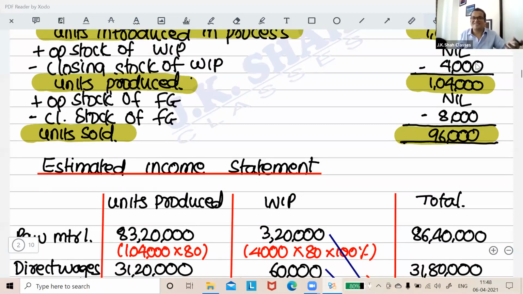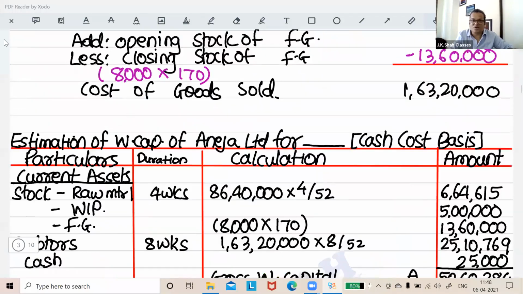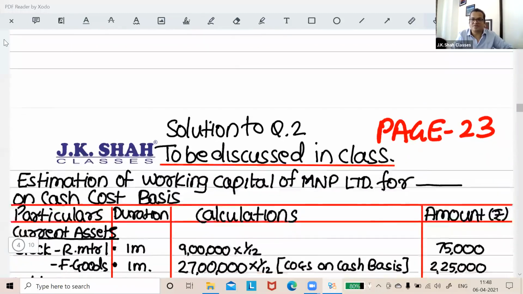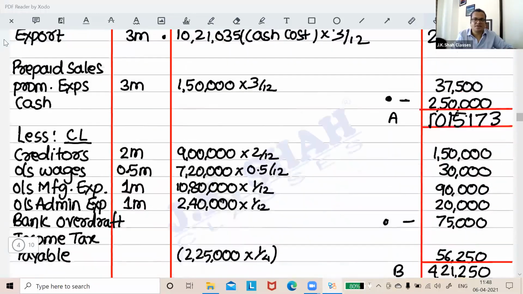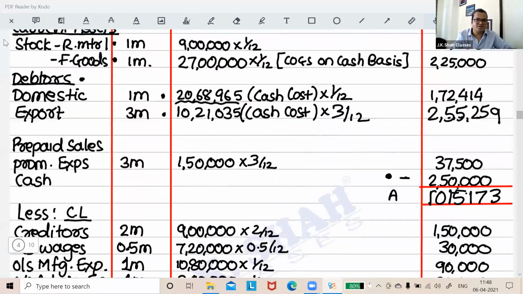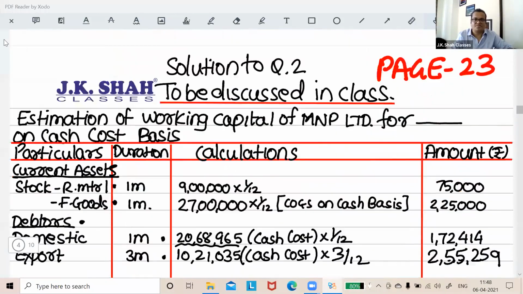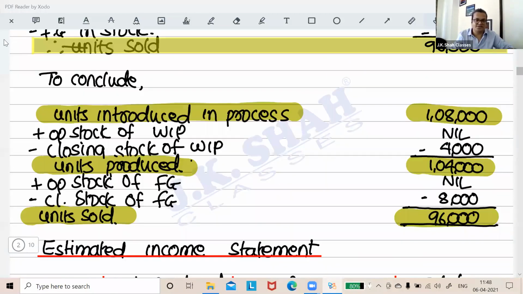So to conclude, units introduced into the process, 1,08,000.